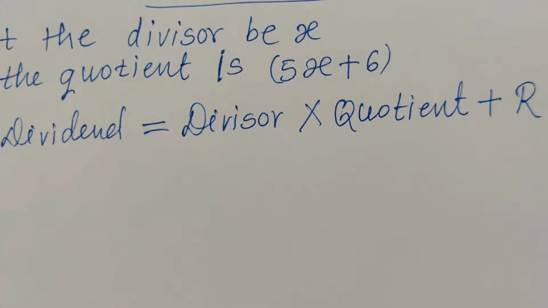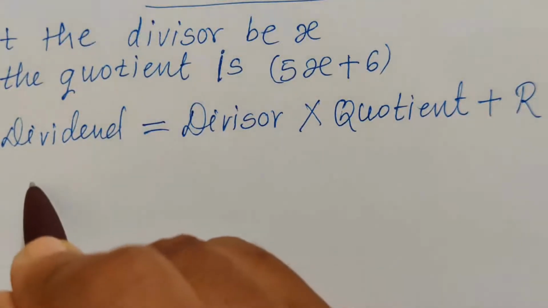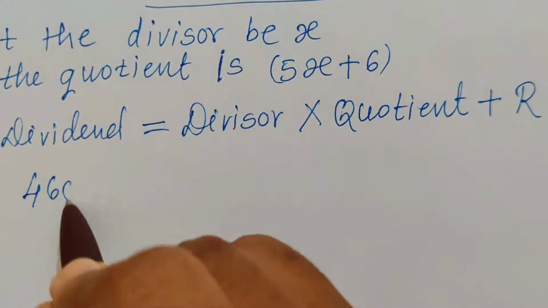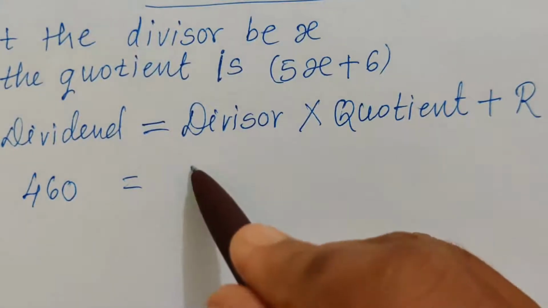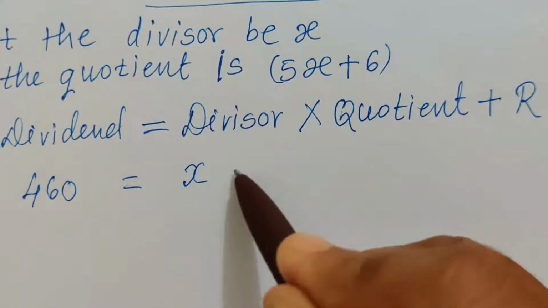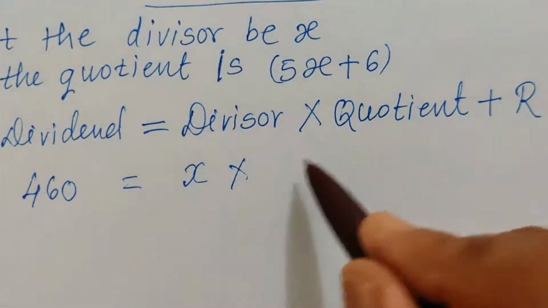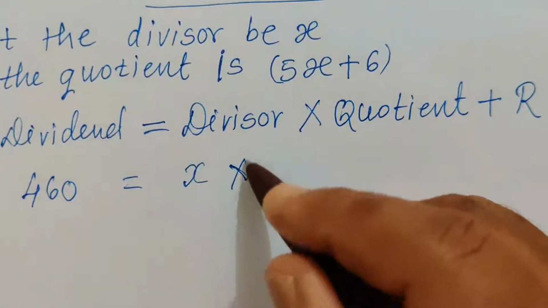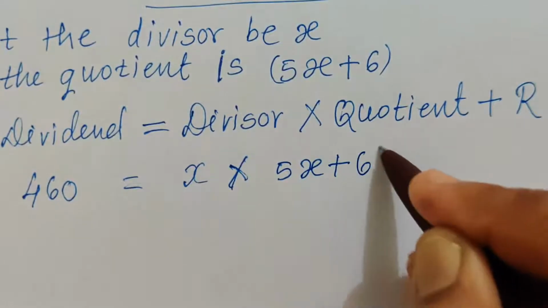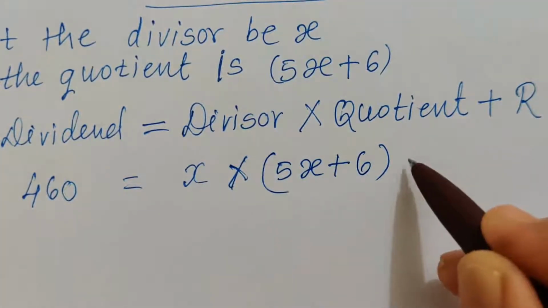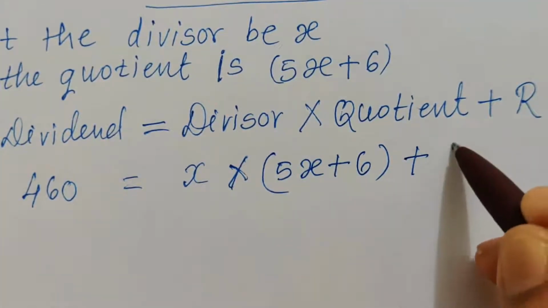Now the dividend is given in the question, because in the example it is said if 460 is divided, that means the dividend is 460. Equal to divisor, we consider x, multiplied by the quotient, 5x plus 6, plus remainder, which is given as 1.